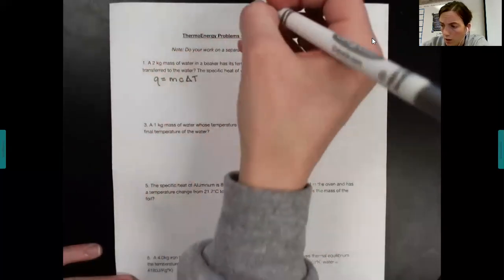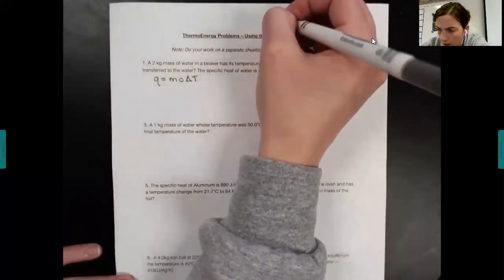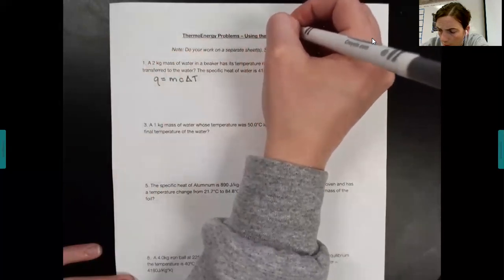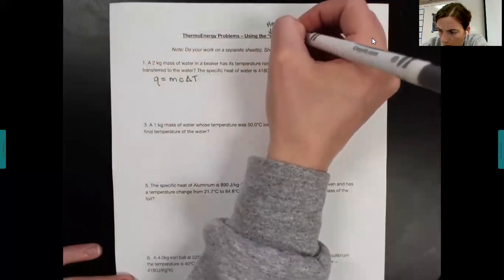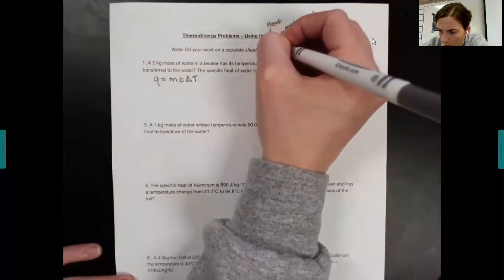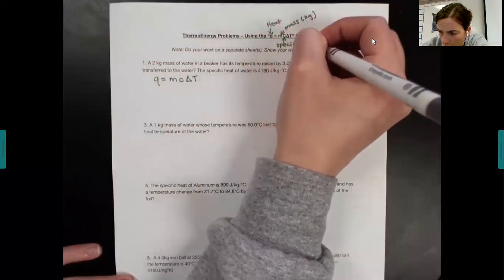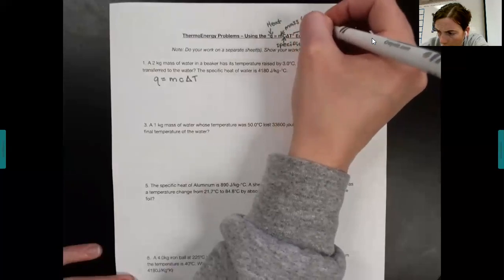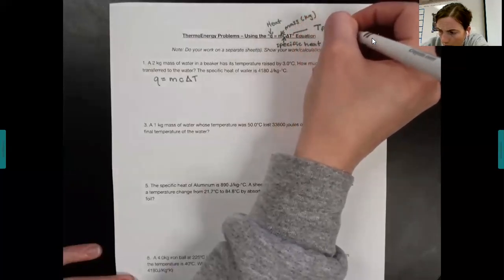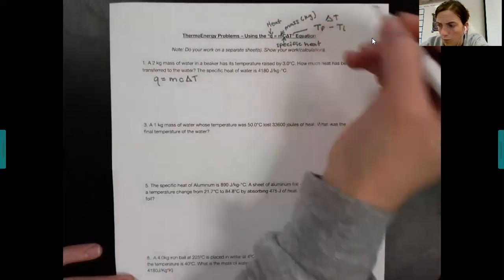Remember that Q is the heat energy, M is the mass, and we've been using kilograms. C is the specific heat. And delta T is the final temperature minus the initial temperature. Okay, so the change of temperature.